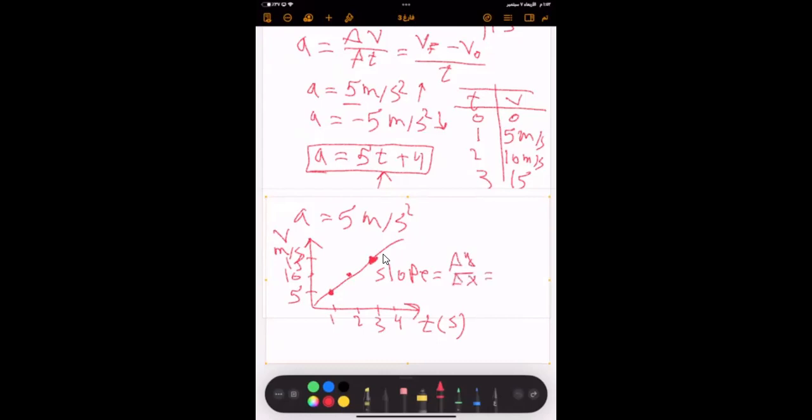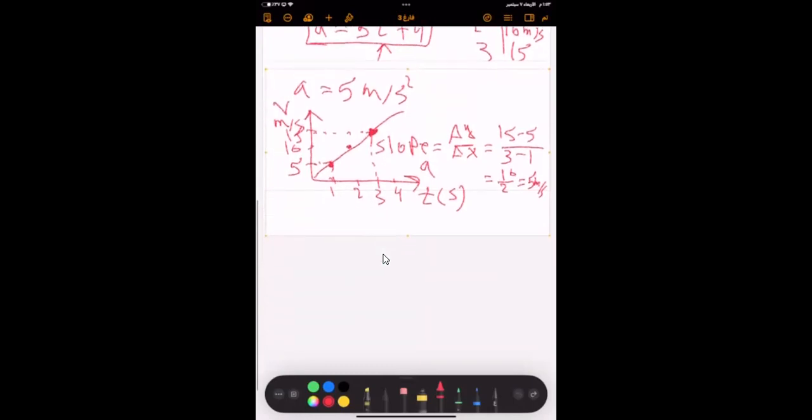Delta y here is delta v, which is 15 minus 5, over delta x, here delta t, change in time, 3 minus 1. It equals 10 over 2, which results in 5 meters per second squared. So the slope here is the acceleration, the constant acceleration.